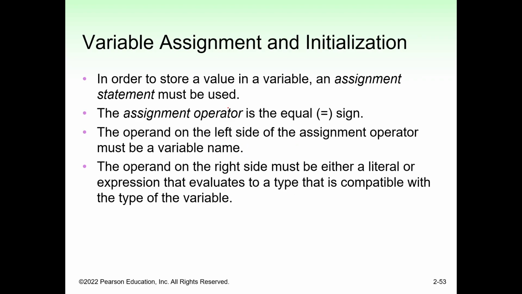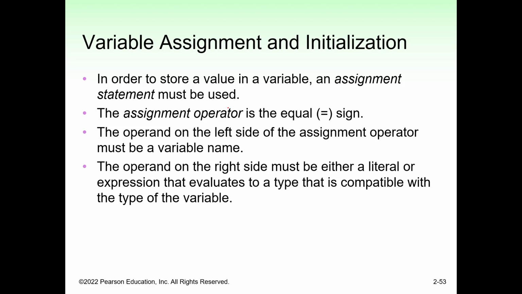Okay, so let's move on to variable assignment and variable initialization. Variable assignment, we covered it a little bit in the other video, is whenever you want to assign some kind of value to your variable. We do that with the help of the assignment operator, which is just an equal sign.